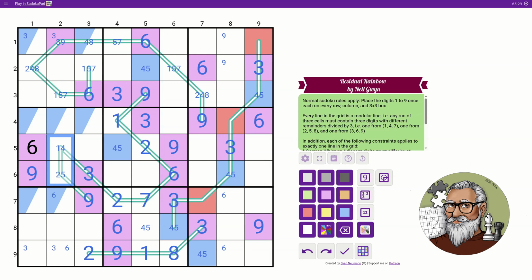Yeah, that still didn't help. Four or 5. Okay, what am I still missing here? I'm missing 8. So that's 8.